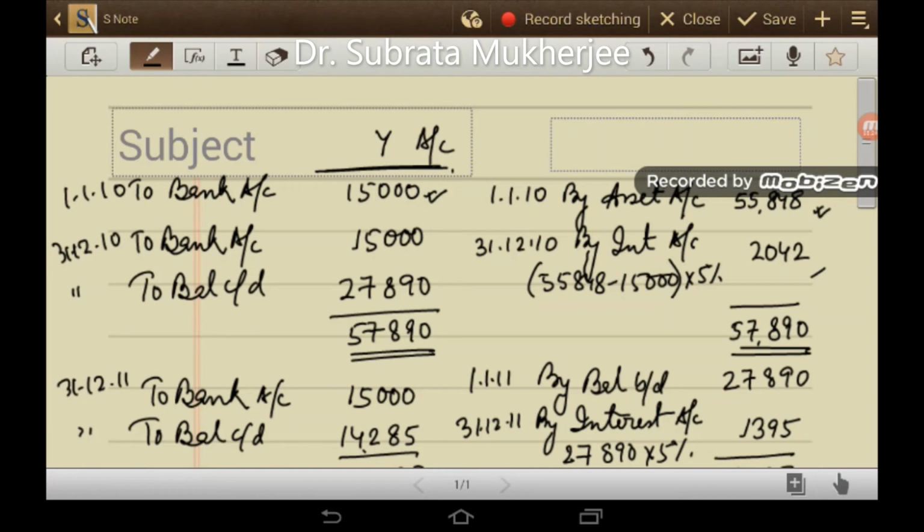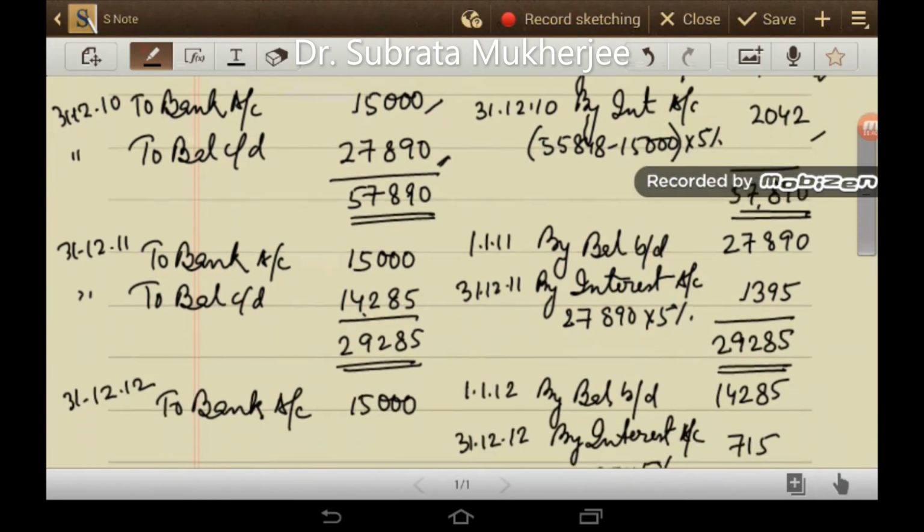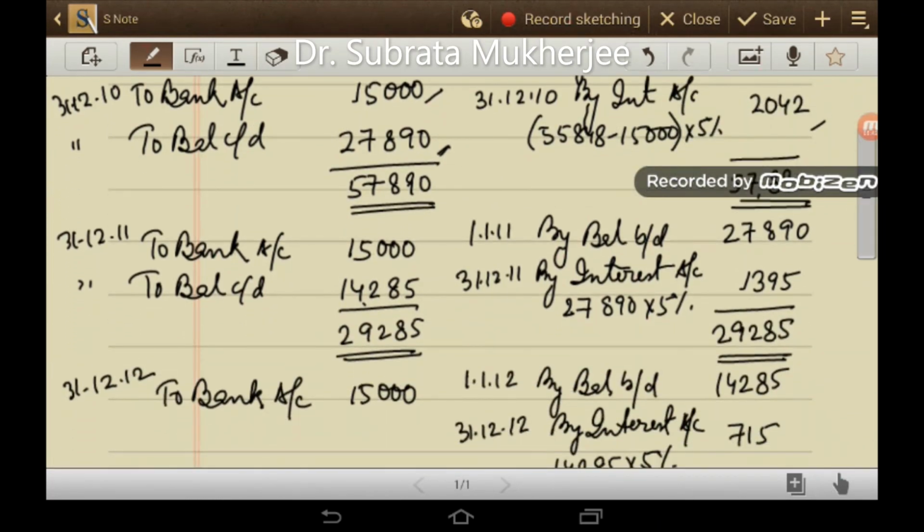At the end of the year, that is on 31st December 2010, the first installment of 15,000 is paid and to balance CD is 27,890. This is the amount which is outstanding to Y. Now this amount will be carried down on 1st January 2011. So by balance BD is 27,890. Again interest is charged. So interest account debit to Y 1,395, 27,890 into 5%.